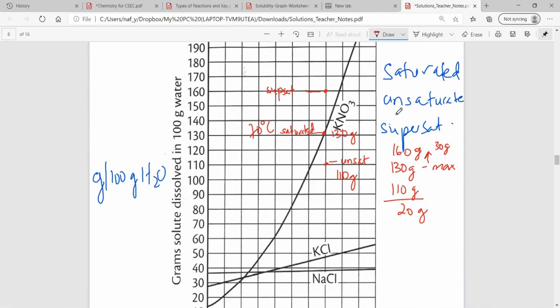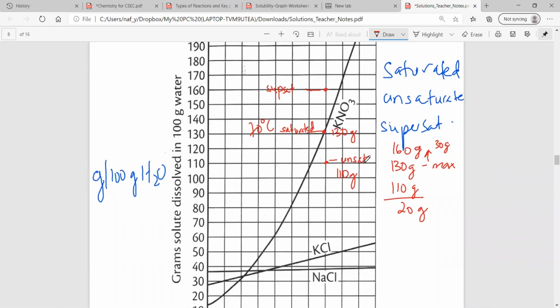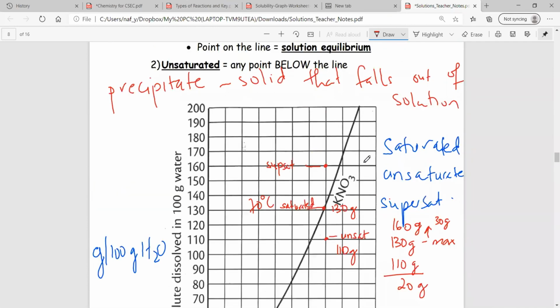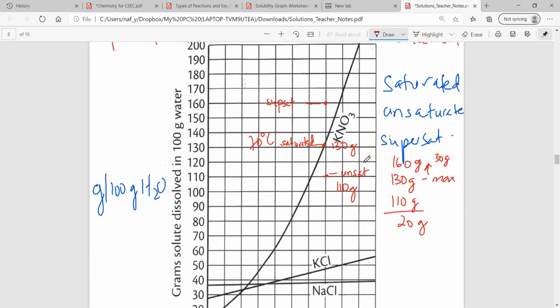But anything that you have over room temperature and you leave it alone is going to come back down to room temperature eventually. Sometimes they ask, how much precipitate will form if a solution is cooled?